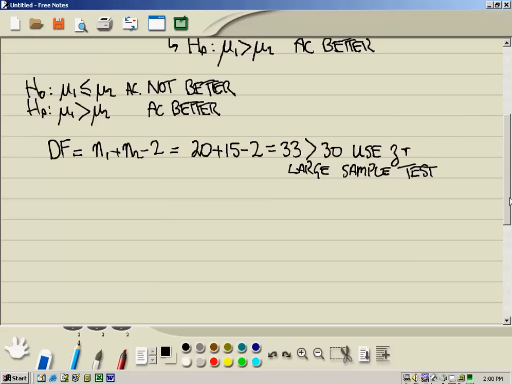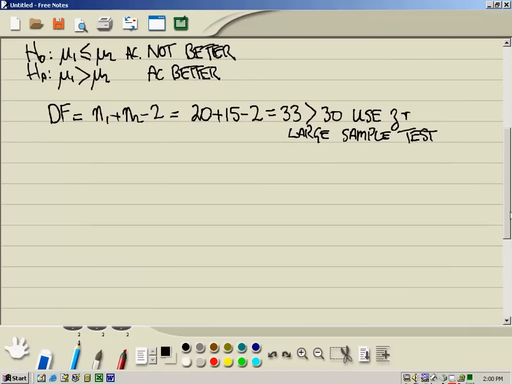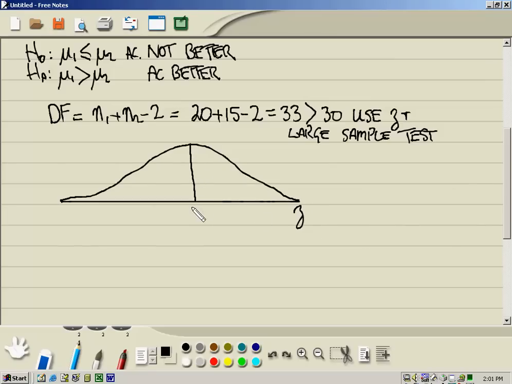Alright, so the next step is to draw out the distribution and find our critical value. So, Z distribution, center is always 0.